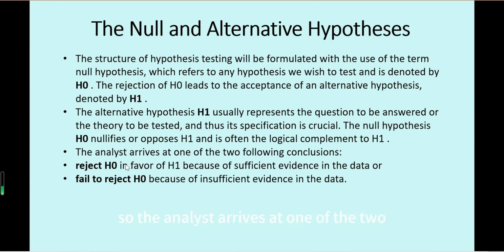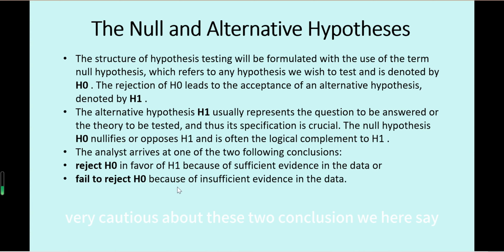So the analyst arrives at one of two conclusions. Conclusion 1 is reject H0 in favor of H1 because of sufficient evidence in the data, or fail to reject H0 because of insufficient evidence in the data. We have to be very cautious about these two conclusions.